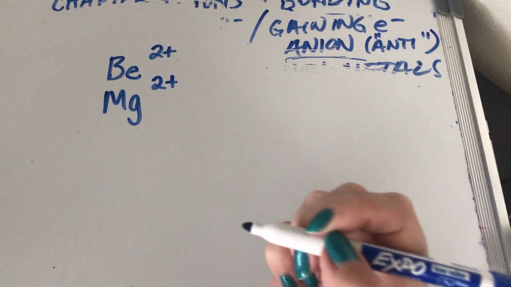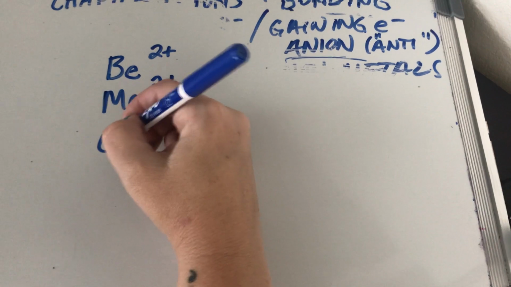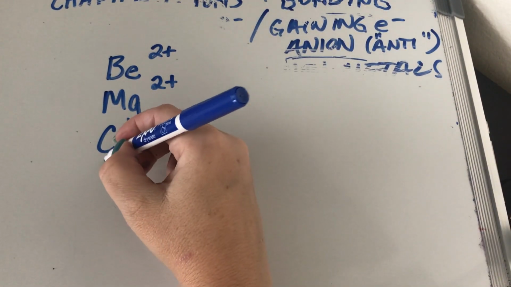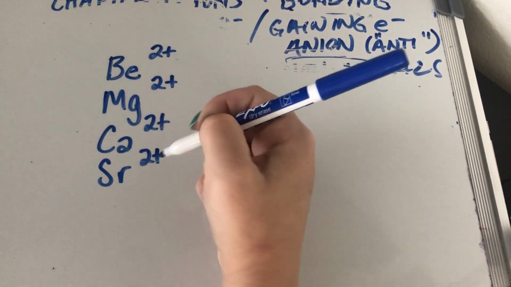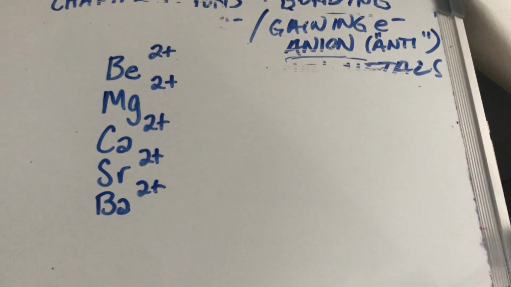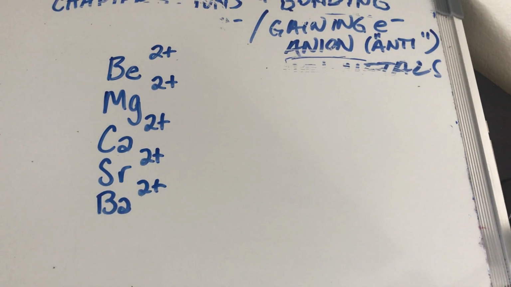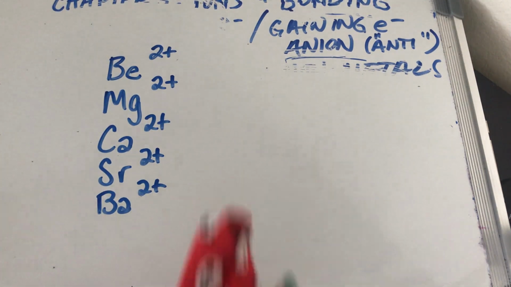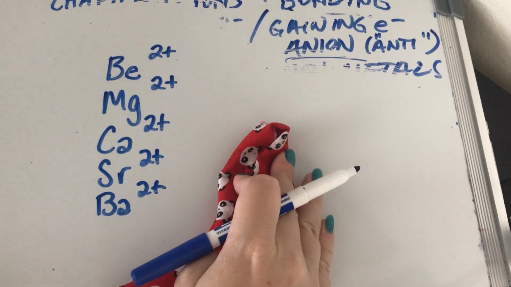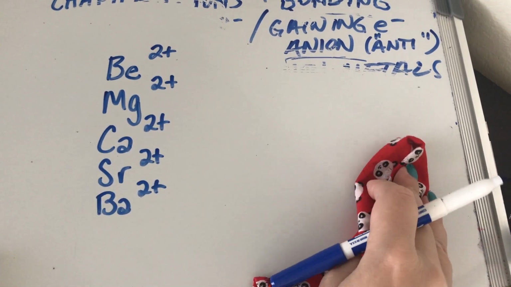What's next? Calcium 2+, strontium 2+, and barium 2+. So if you're in group 2, you can form a positive 2 charge, right? Everybody okay with me on that so far? Cool. That's as good as I can ask for.